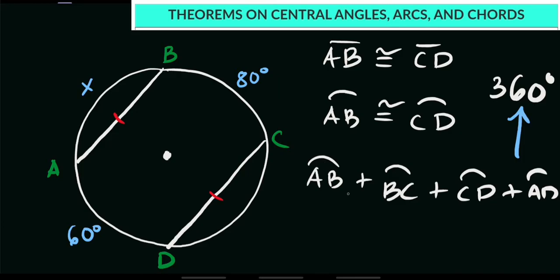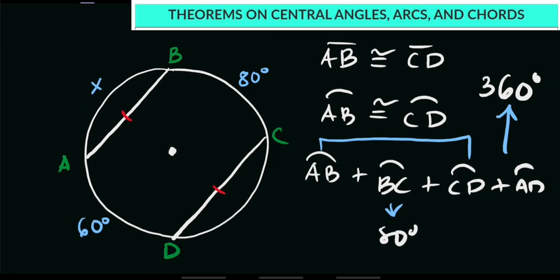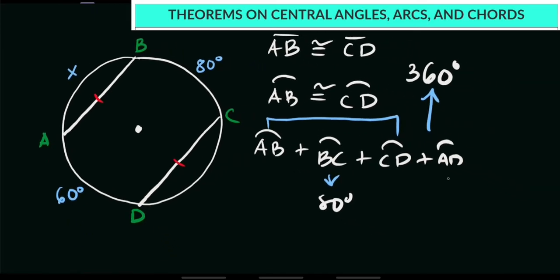Now, AB is equal to CD. The value of BC is 80 degrees, and for AD, we have 60 degrees. Given this set of values, let's add them, subtract their sum from 360, and then divide the answer by 2.